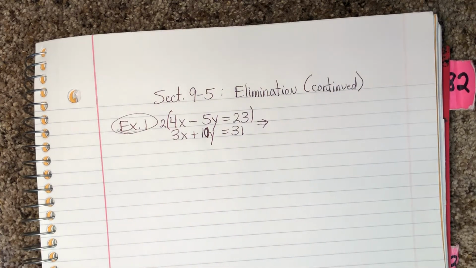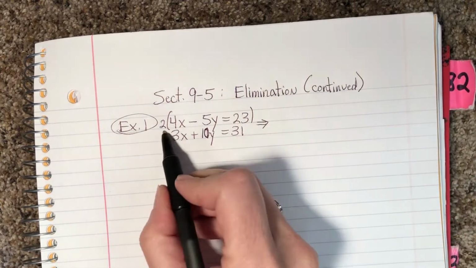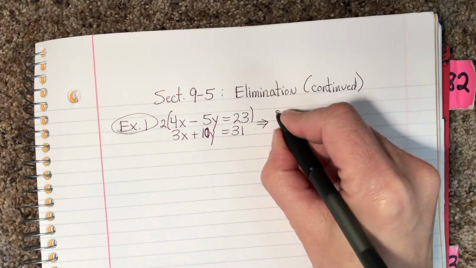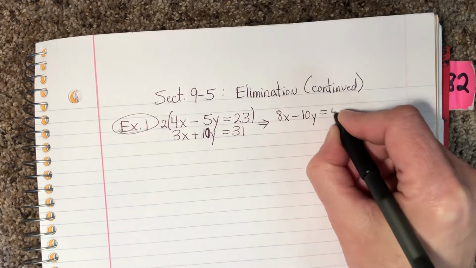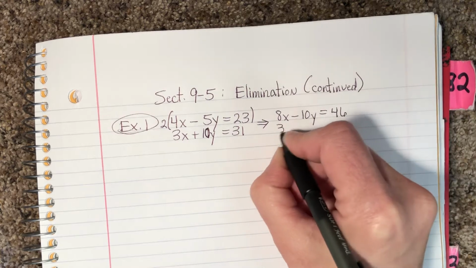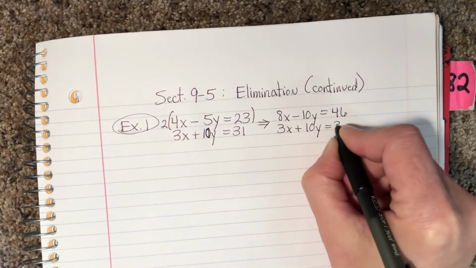It's kind of the same idea really as if it were -1. So you multiply every term by 2, and I get 8x minus 10y equals 46. 3x plus 10y equals 31.